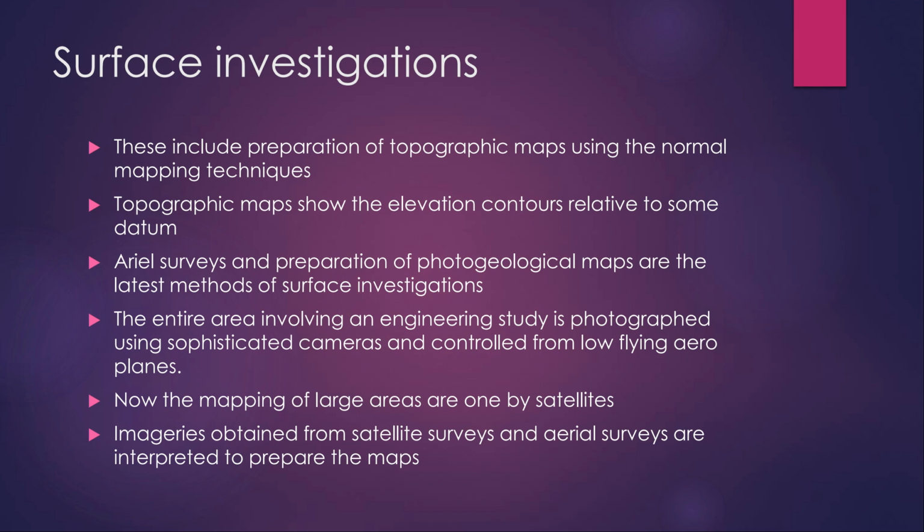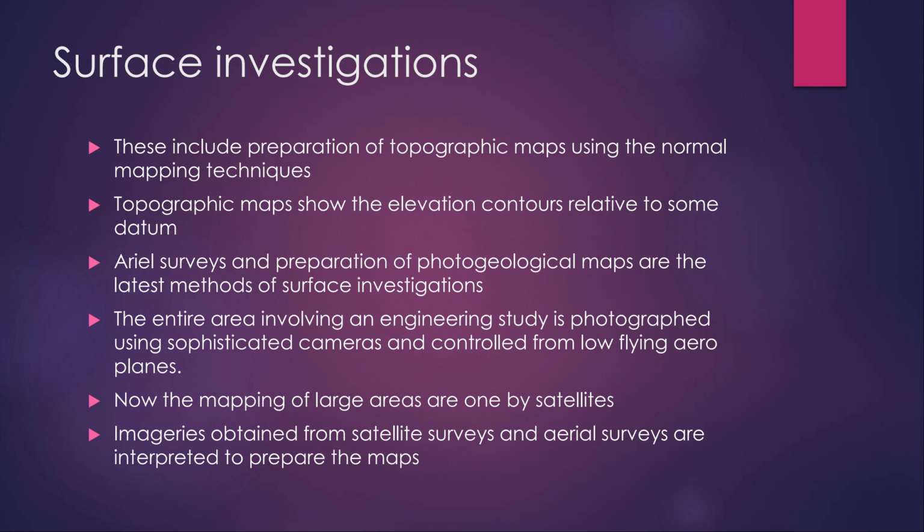So, topographic maps show the elevation contours, that is, points having the same height or same elevation or same depression shown in the topographic maps. Aerial surveys and preparation of photogeological maps are the latest methods of surface investigations.